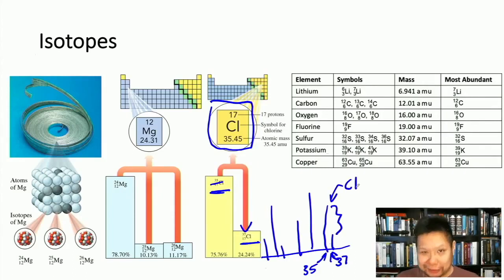The rest of the molecule still needs to be figured out, but that's one of the first steps. You see two peaks at 35 and 37, and you know that there's a chlorine present in the molecule, which is pretty cool.